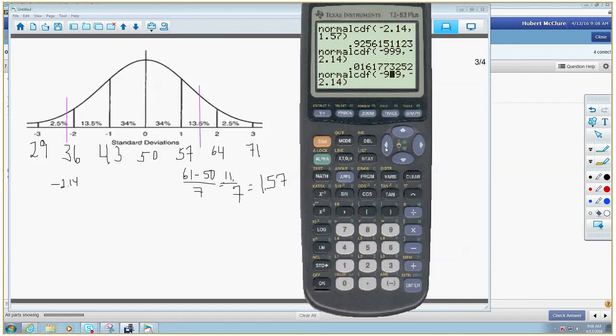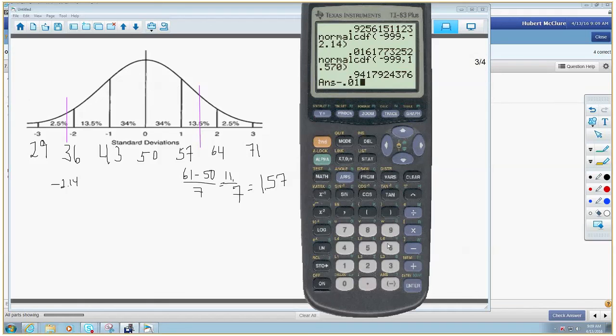And I'm just going to go negative 9999 to 1.57, 0, enter. 9417 minus, what was the other one? Anybody write it down? 0.0162. Is that what I got a while ago? 9256? I typed it in correctly.